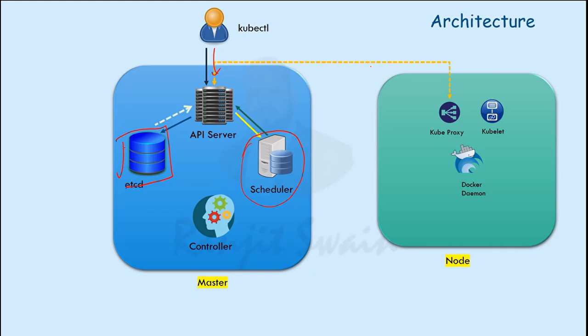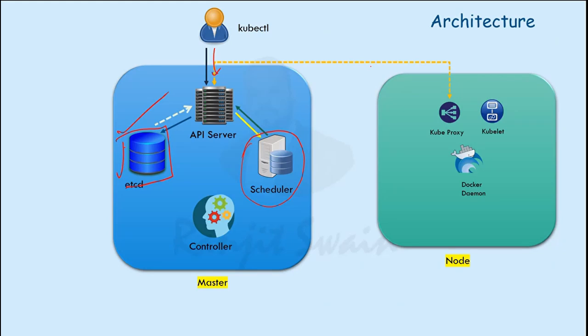What will the API server do then? The API server will connect to the node machines. Which node machines will it connect to? It will get that information from the etcd database, because there will be multiple nodes.